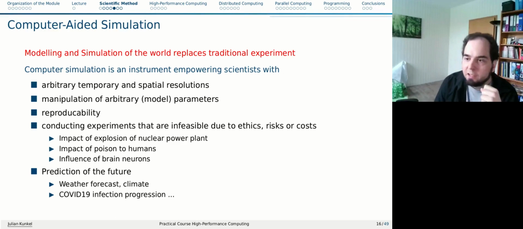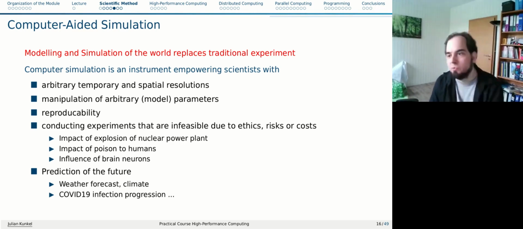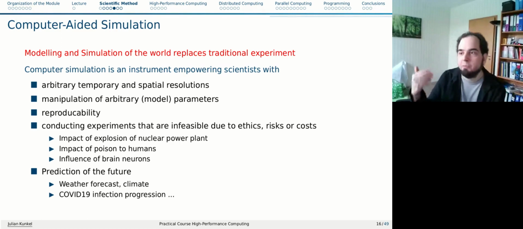Why is that? Well, computer-aided simulation replaces the traditional experiment more and more. A computer simulation can be considered an instrument that empowers you as scientists, and I consider you to be scientists now, to conduct these kinds of experiments.